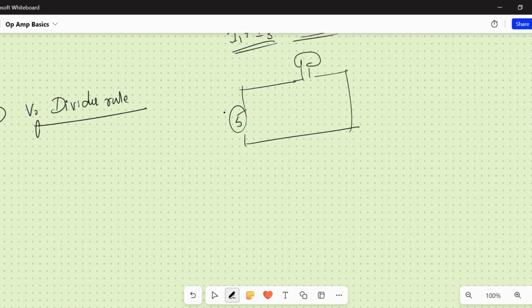This LED requires only 2 volts, you don't require 5 volts.